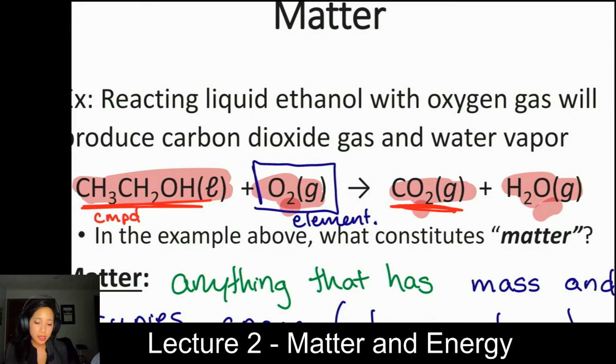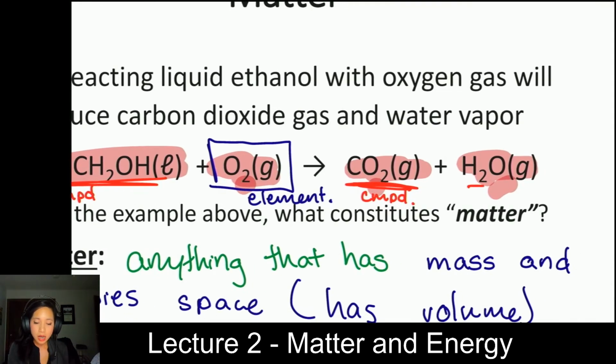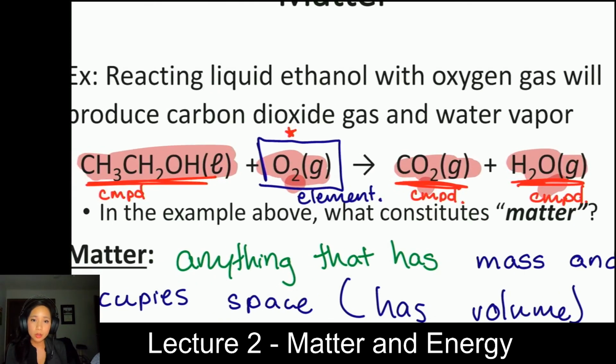CO2, or carbon dioxide, is also a compound because you can split it up into carbon and oxygen, which are elements. They're also pure substances. And then water, lastly, is also a compound because you have hydrogens and oxygens. While, remember, our oxygen here in this chemical equation, our diatomic oxygen, is an element because there's only one type of element there. You cannot split it up any further without actually changing it, like removing protons and electrons.